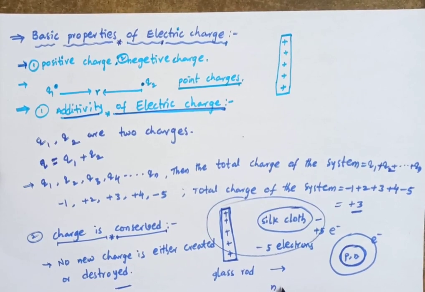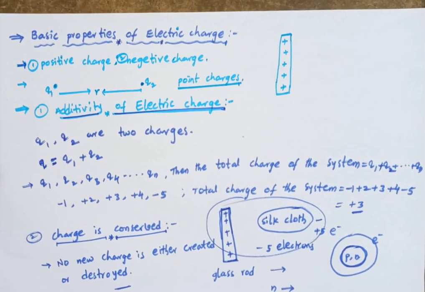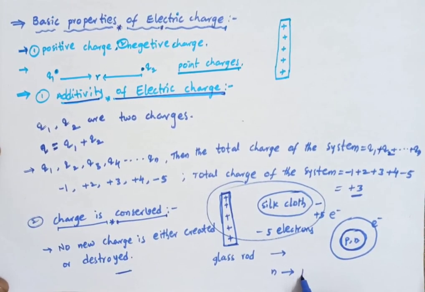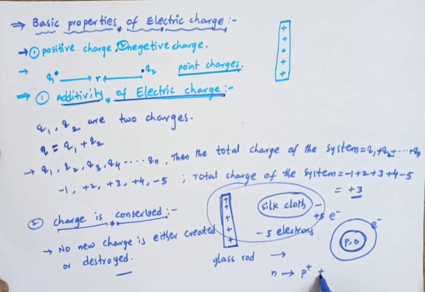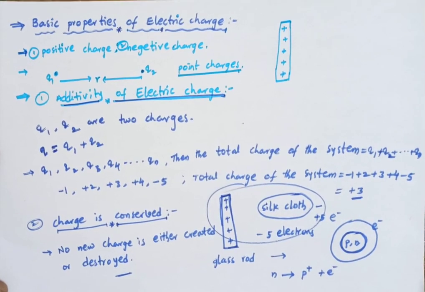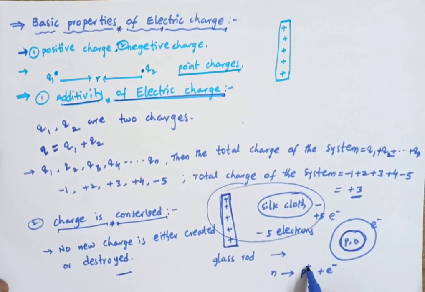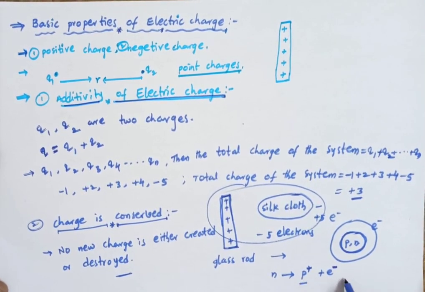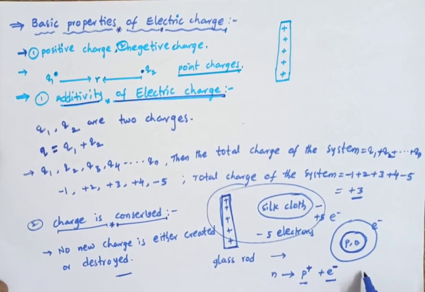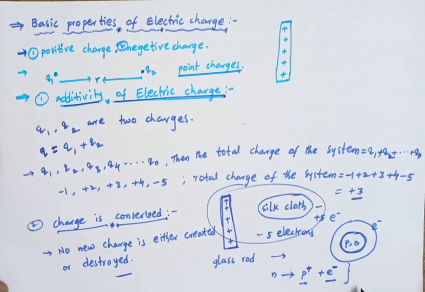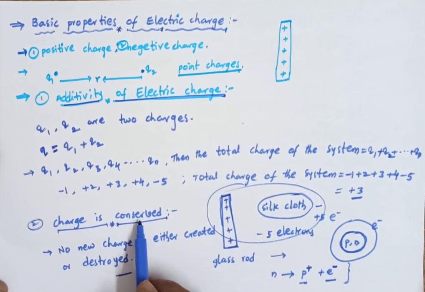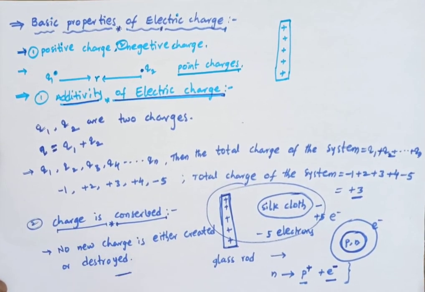The proton charge is positive and the electron charge is negative. The number of protons equals the number of electrons, so the total charge is 0. This is called conservation of charge.